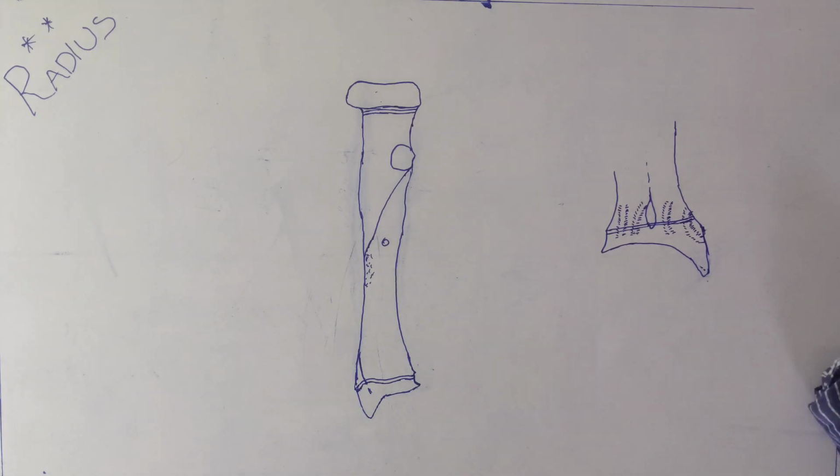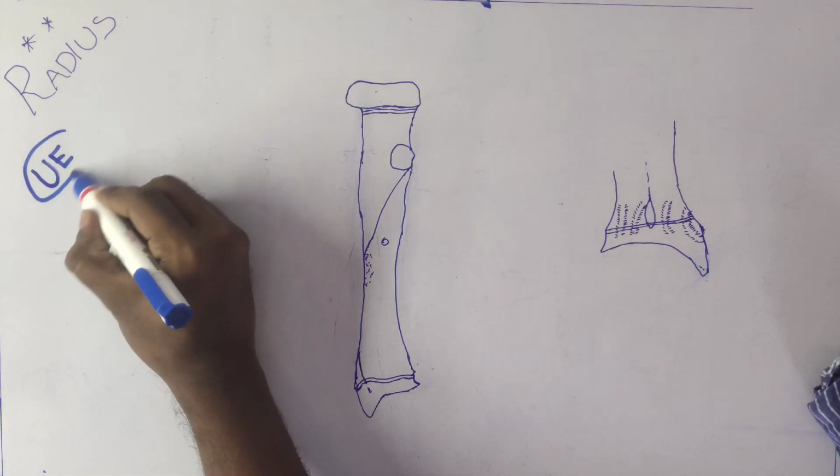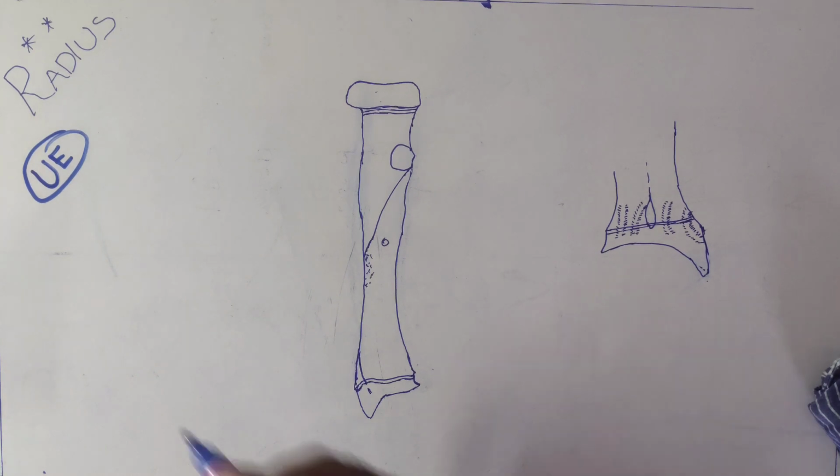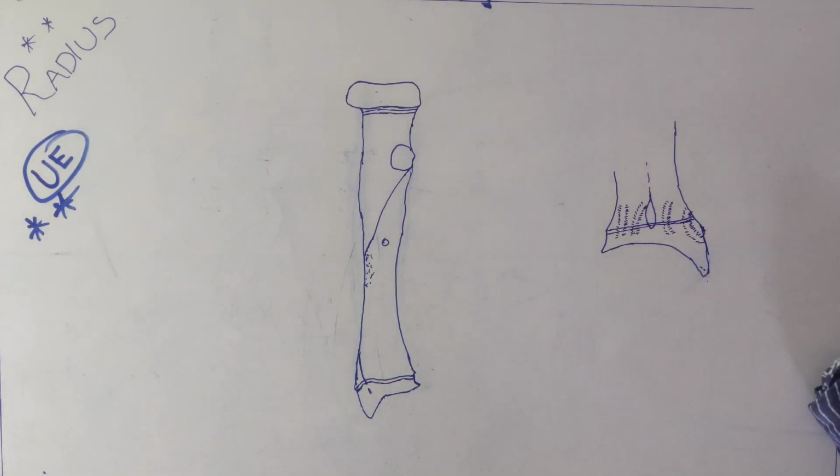Now we are going to discuss about the upper end. Upper end is one of the most important concepts for 5 marks questions. In the upper end there are three parts.